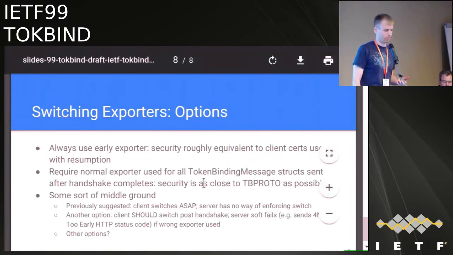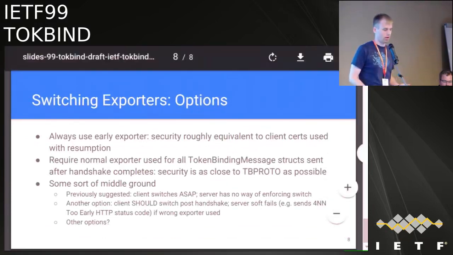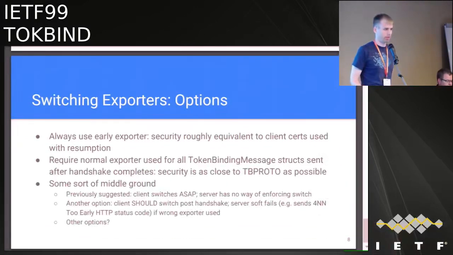So this is sort of discussing the different options for which exporter to use when. The first option in here is what the draft currently says, which is that if you successfully negotiated zero RTT token binding, use the early exporter.